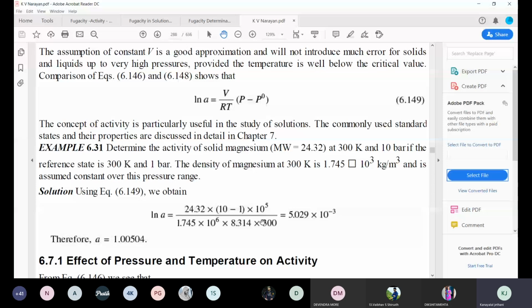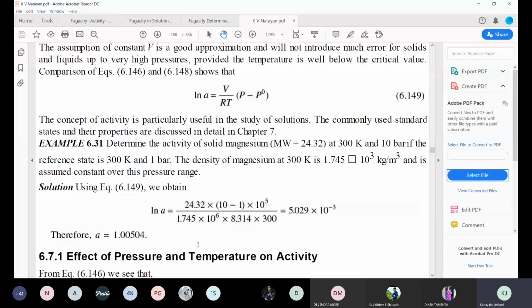And what you get is ln of A is equal to 5 into 10 to the power of minus 3. And from which we get activity is equal to 1.00504. Very close to 1, but it is still not 1. थोड़ा different है. We'll see later कैसे define करते हैं activity का standard state वगैरह.